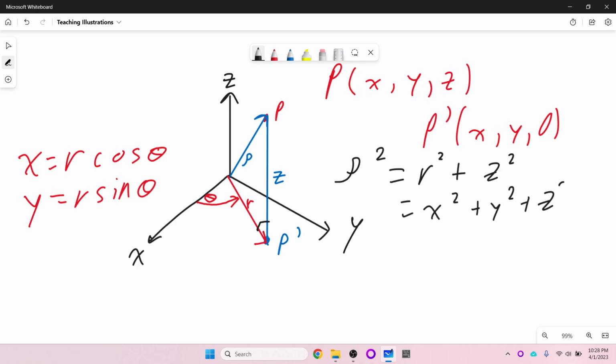So rho squared equals x squared plus y squared plus z squared. There's our first identity, which is what we probably expected. It's just another version of the distance formula. It is the distance formula in 3D, really, and it's very similar to the r formula from 2D. So that would be the first identity worth writing down.